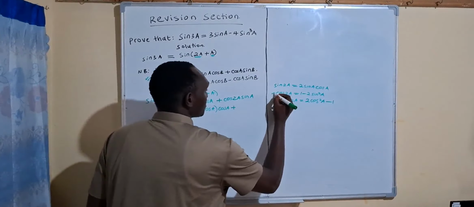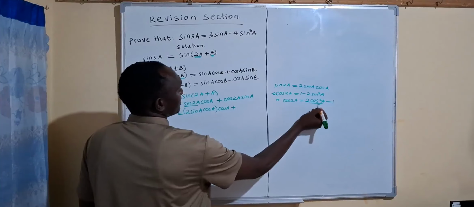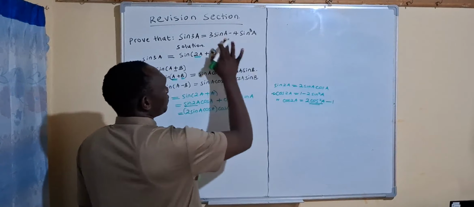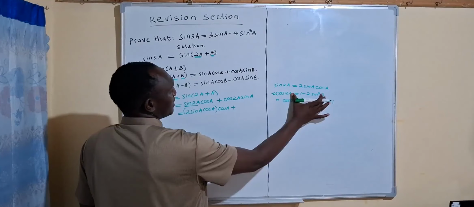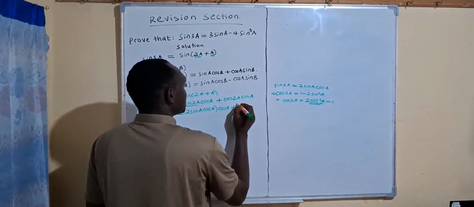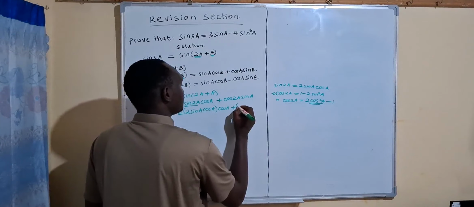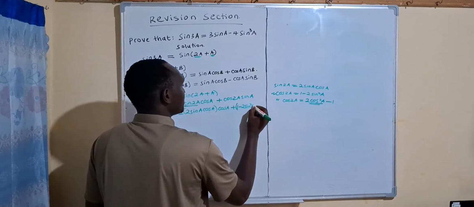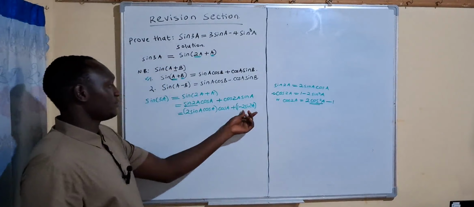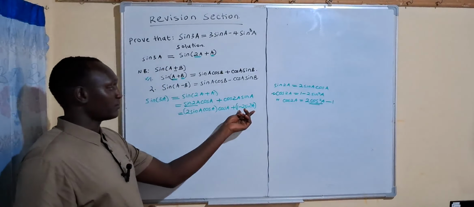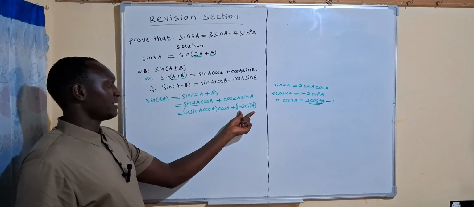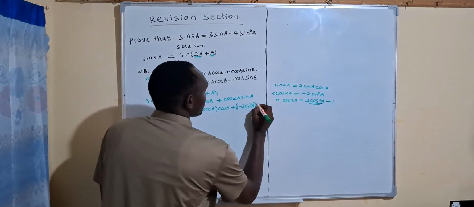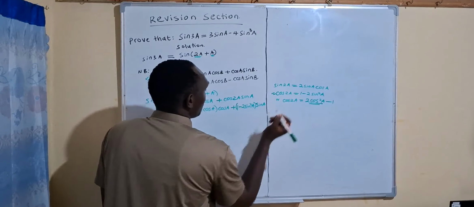Since we are moving away from cosine, this second identity gives us cos squared A. But if you look at our proof, we all have sine, so we shall take the one that has sine. So instead of cos 2A, we shall have 1 minus 2 sine squared A. Cos of 2A is the same as 1 minus 2 sine squared A. And then there is also this sine A attached to it, so we are multiplying it here by sine of A.